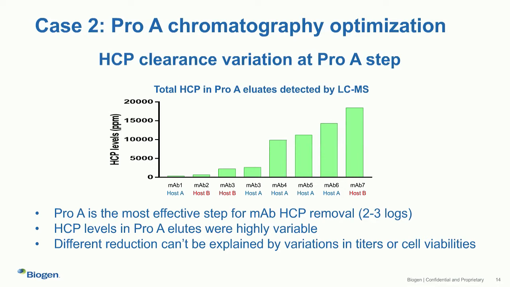For example, mAb1 is less than 500 ppm, while mAb7, the last mAb, has an HCP reading as high as 20,000 ppm in the Pro A eluate. This big difference couldn't be explained by the variation in titer and cell viability, basically, well, we do have a platform to manufacture the different types of mAbs.